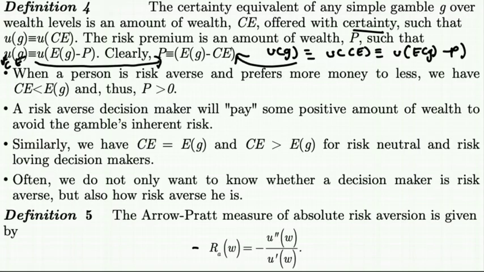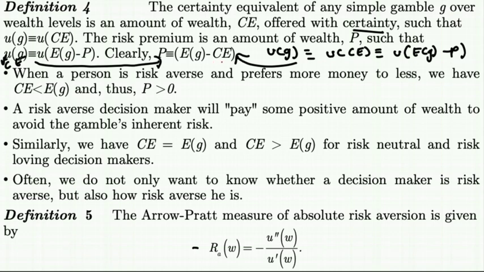Okay, so let me rewrite it again here. CE equals 49. And then we know from the lecture note just now, look here, risk premium P is equivalent to the expected value of gambling, or welfare in our example, minus the certainty equivalent.